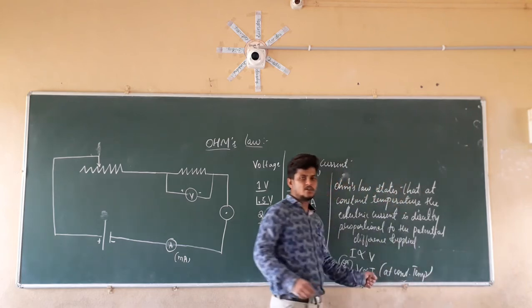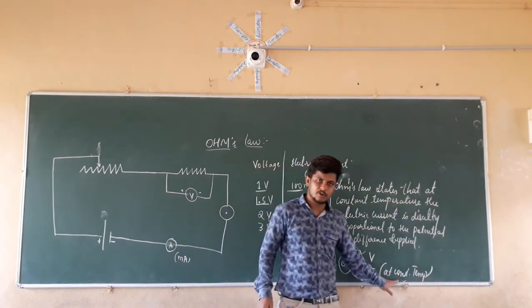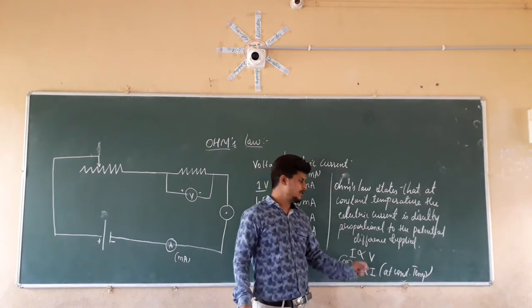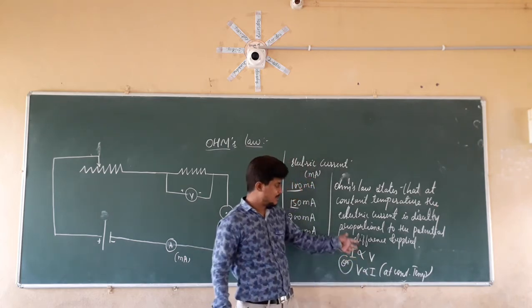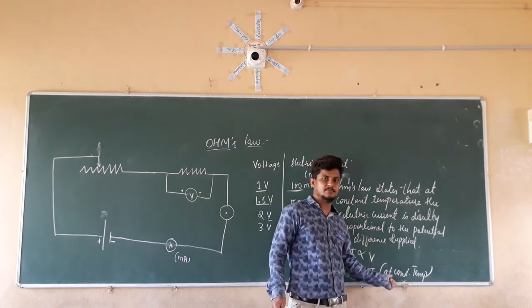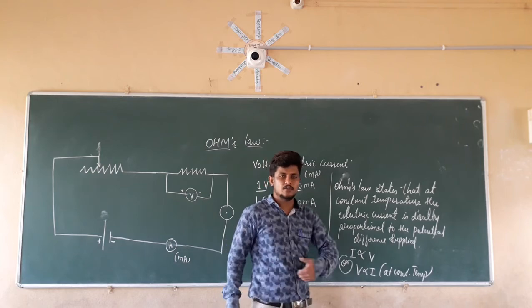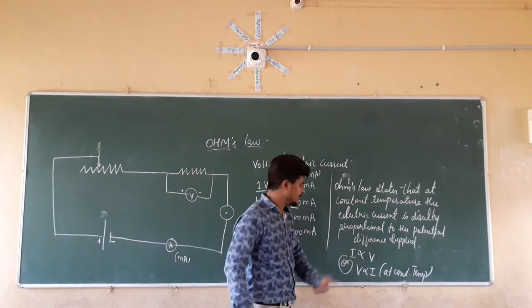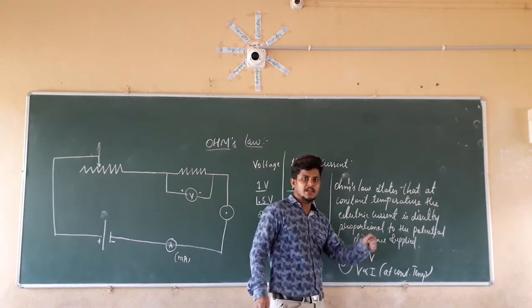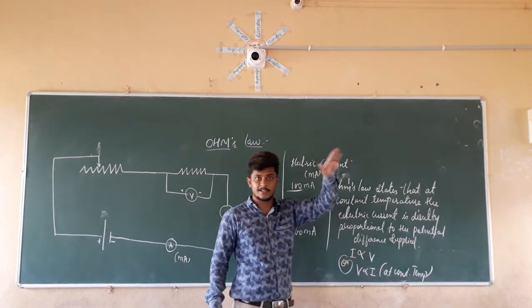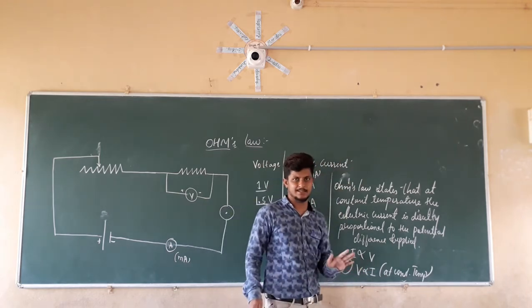Why are we taking constant temperature here? About that I am going to discuss while discussing resistance. If you know the resistance, then you will know the effect of temperature on the resistance. If you know the effect on the resistance, then we will directly know the effect of that resistance on the electric current. So by discussing those things, I will discuss this.